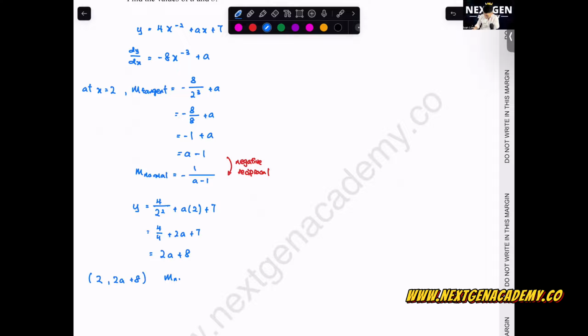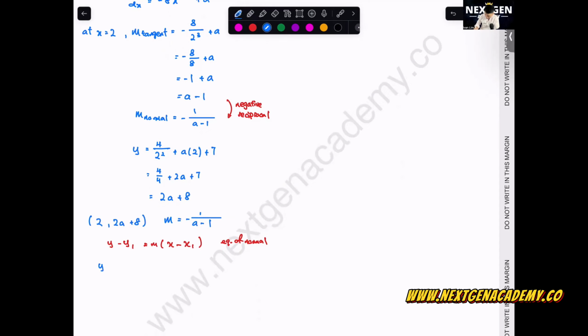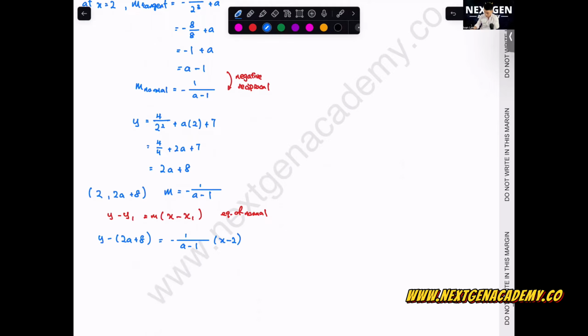The gradient of the normal is negative 1 over a minus 1. We substitute into y minus y1 equals m(x minus x1), which is the equation of the normal. We should get y minus (2a plus 8) equals negative 1 over (a minus 1) times (x minus 2).